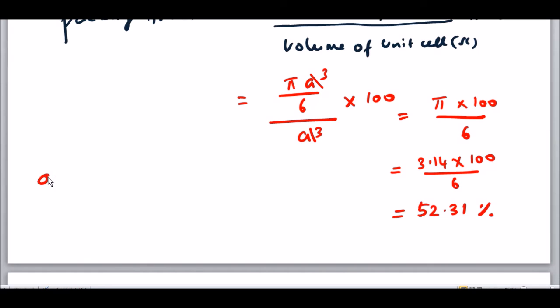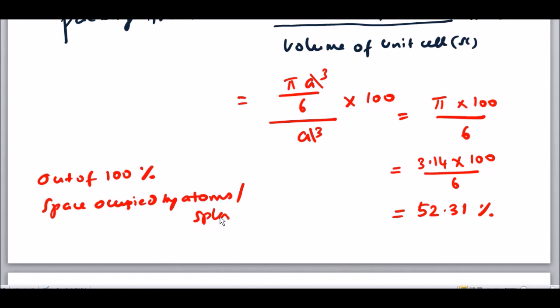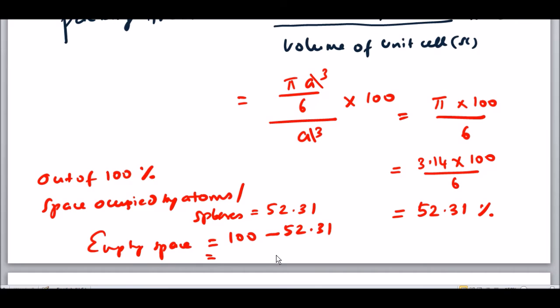It clearly shows that out of 100%, the space occupied by the atoms, which means those spheres, will be 52.31%, and the empty space is equal to 100 minus 52.31, which is 47.69%. That would be the empty space, void, in the simple cubic unit cell.